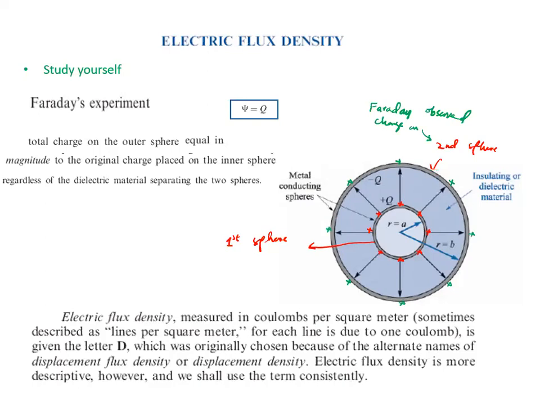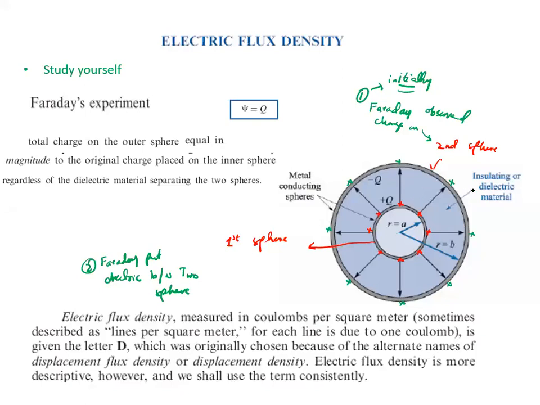But then he did what? Faraday put a dielectric between the two spheres and repeated the experiment.